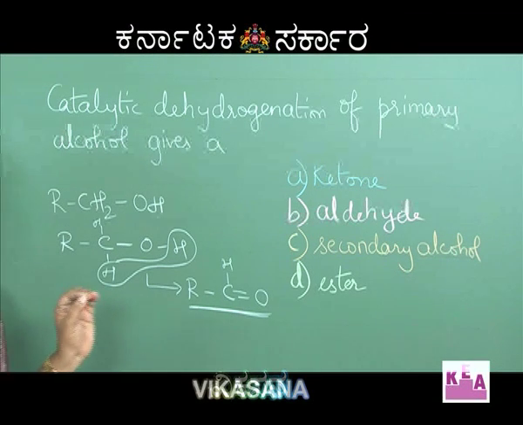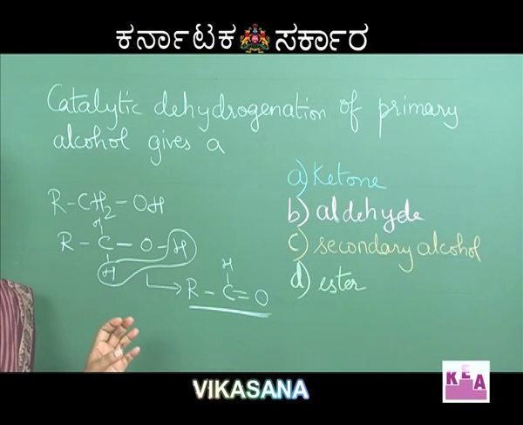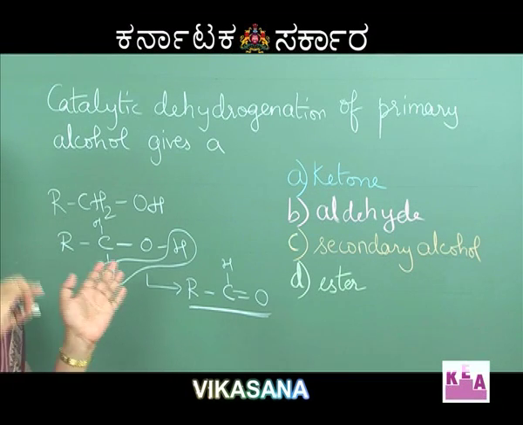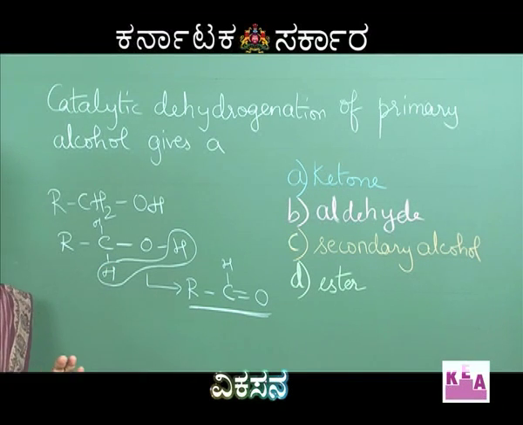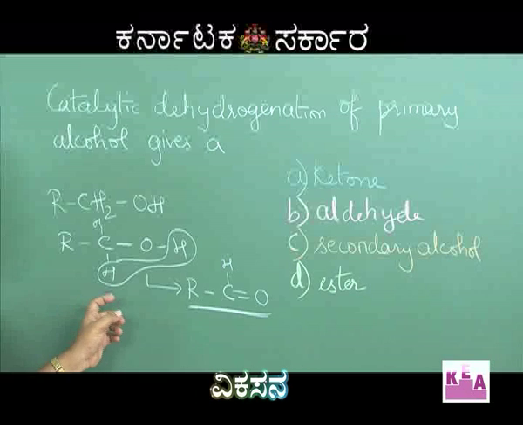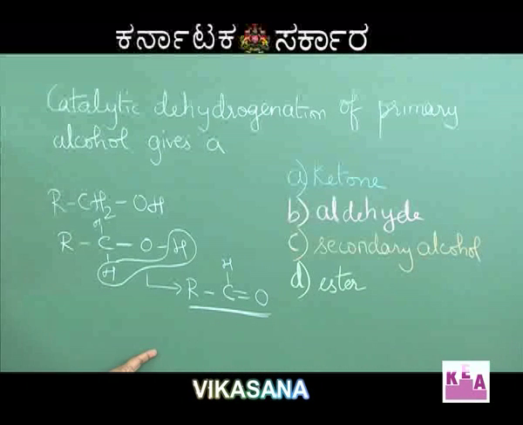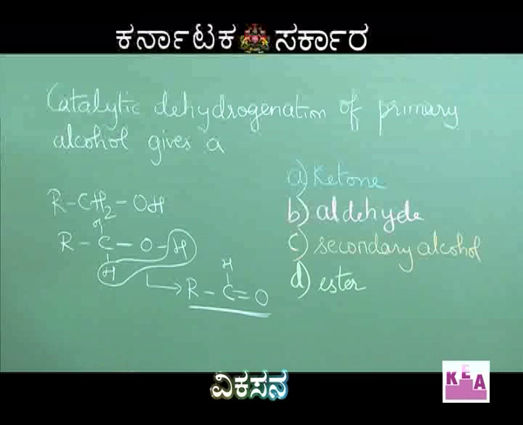Similarly, when we take a secondary alcohol, it will give a ketone. So, you should know what will happen when dehydrogenation takes place. The aldehyde is formed for primary alcohol. For secondary alcohol, it will be a ketone. For tertiary alcohol, it will be an alkene.